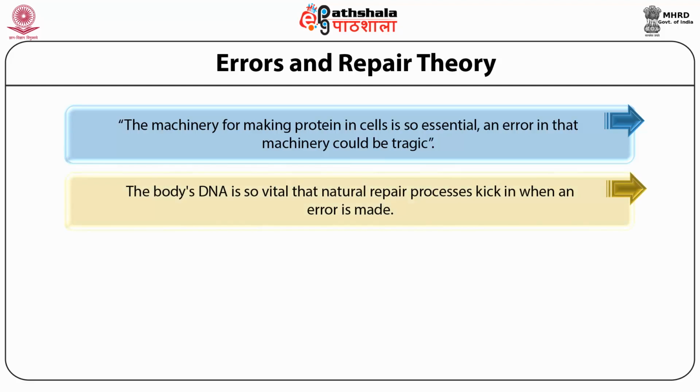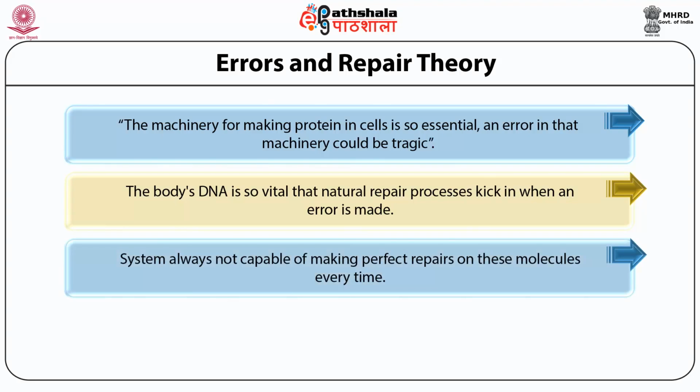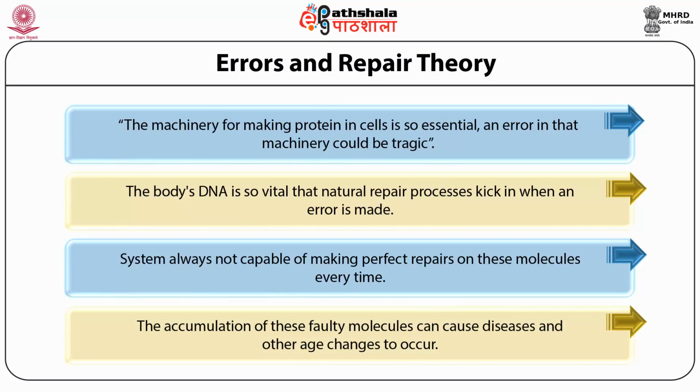The body's DNA is so vital that natural repair processes kick in when an error is made, but the system is incapable of making perfect repair on these molecules every time. Therefore, the accumulation of these faulty molecules can cause diseases and other age changes to occur.